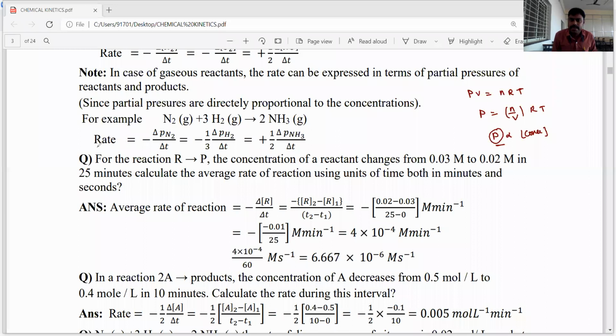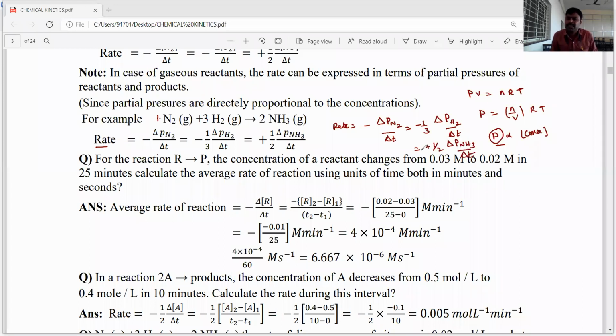For this case, the rate expression in terms of pressure is: the rate equals minus change in the pressure of N2 by delta t, equals minus 1 by 3 change in the pressure of H2 by delta t, equals plus 1 by 2 delta P of NH3 by delta t.